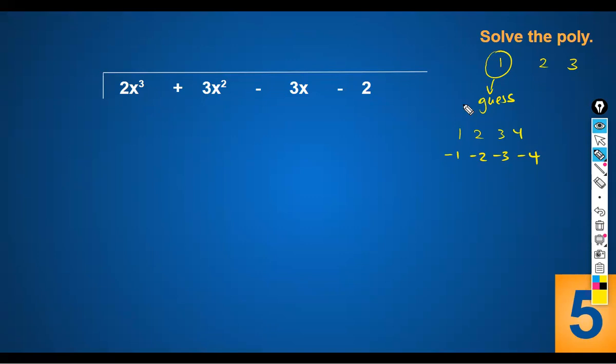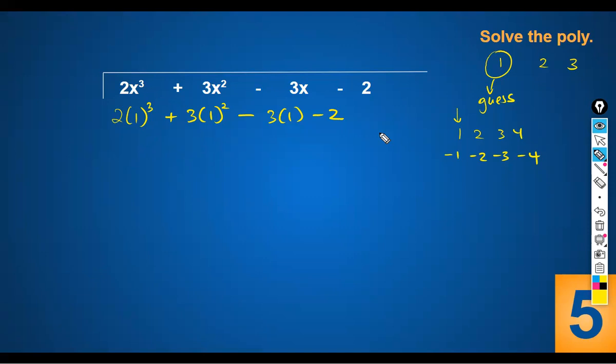Y'all want to take a try? For example, if I was in the exam, I have to guess the first value, the first solution. So usually I start with 1. I'm going to replace all the x's with 1. I want you all to do that for me. Replace all the x's with 1, work it out, and tell me if you get 0. If you get 0 when you replace all the x's with 1, well, you're lucky.